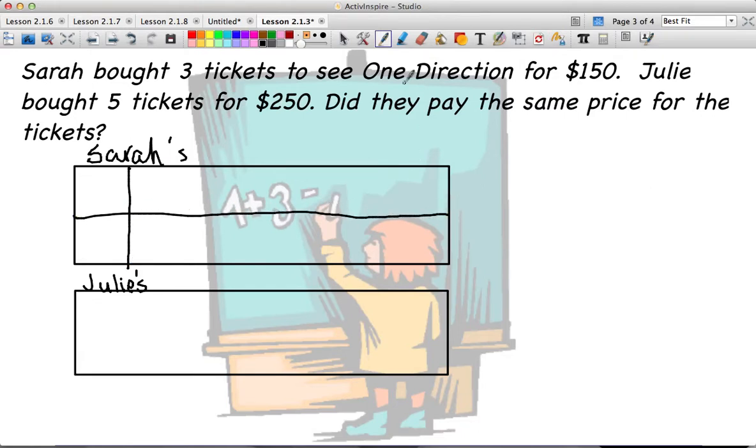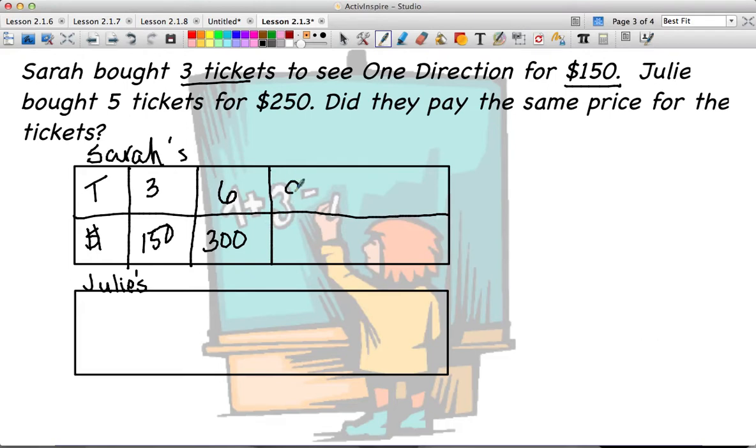And the ratio is going to be, so we have to look here, we have tickets and price. So Sarah got 3 tickets for the price of $150. So if she would have bought 6 tickets, she would have paid $300.